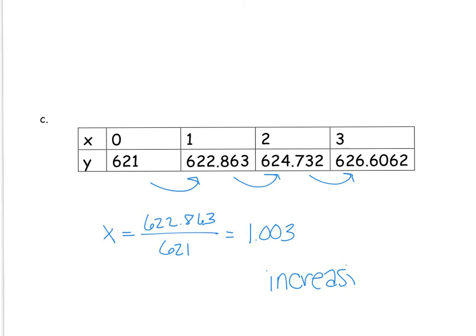Do we see where I got that? Increasing by 0.3%. Well, I could just say 0.003 each time. So it's going up 0.3%. Because there's a 1 there, that means the 1 is what you're multiplying, so we have the 621 again, but then we're adding the 0.003.